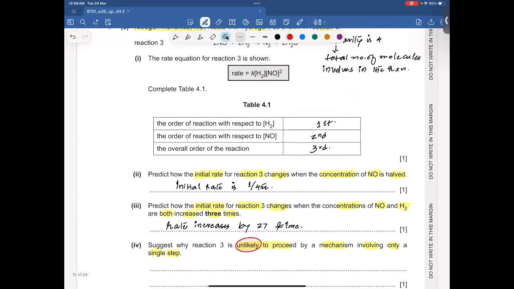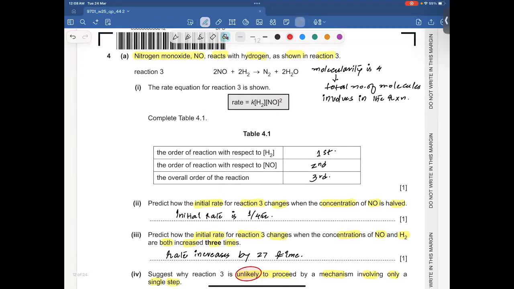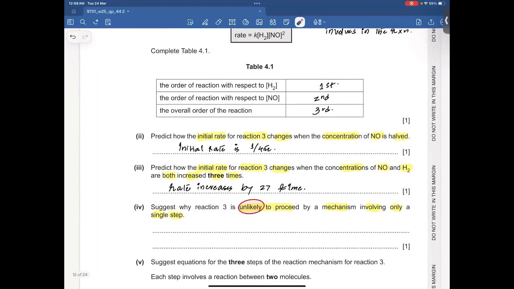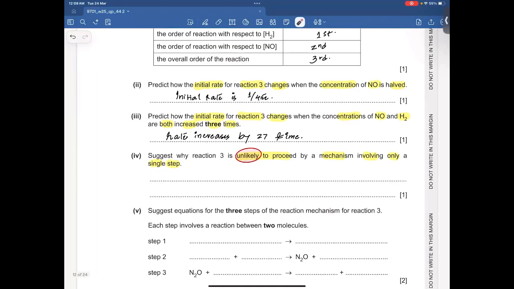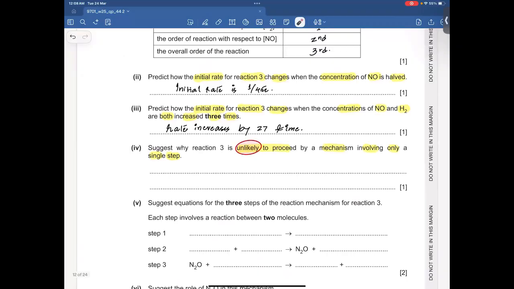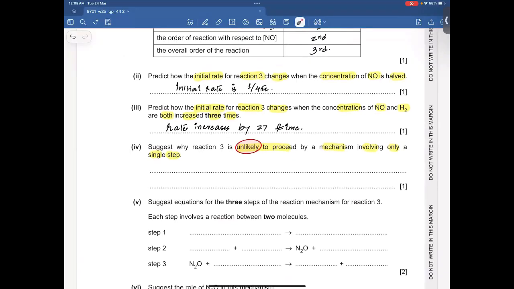As we have 4 molecules in the equation, so molecularity is 4. So total 4 molecules are involved in the reaction. And it is highly unlikely to involve 4 molecules in a reaction, according to collision theory.